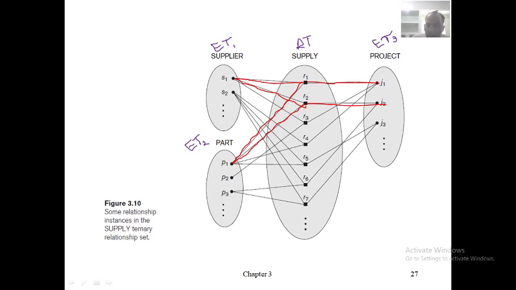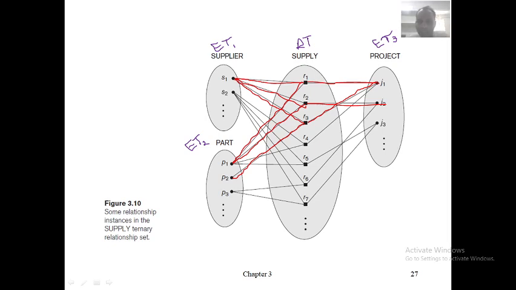Then again, the same supplier supplies part 2. Now he is giving a different part, different equipment, to the same project, the first project. Already he has given one part P1 to project 1. This part P2 is also supplied by the same supplier for the same project.